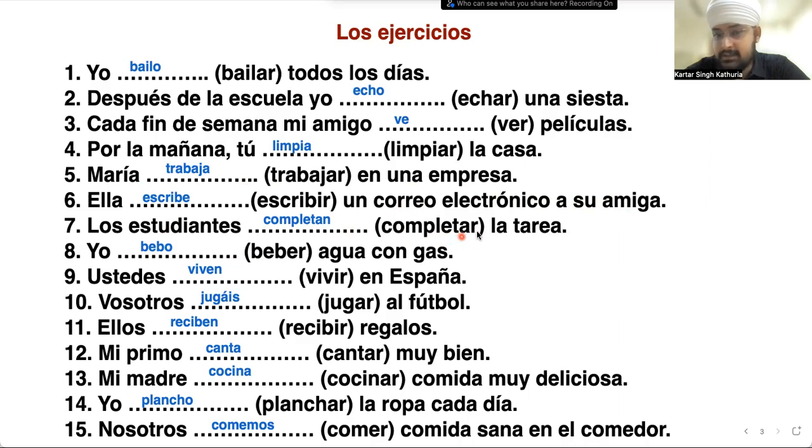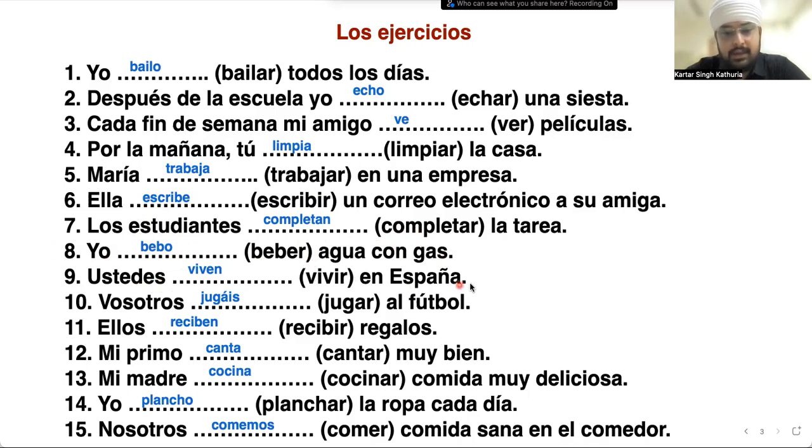Completar sounds like complete. It means to complete. Los estudiantes, the students. Which person is it? Third person plural. Ellos. Ellos completan la tarea. They complete the homework. Yo beber agua con gas. I drink water with gas, like soda.